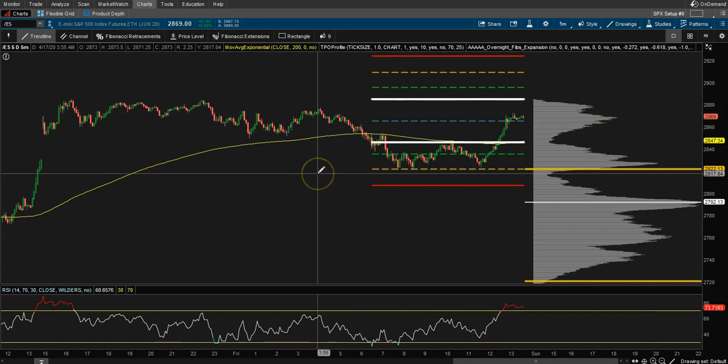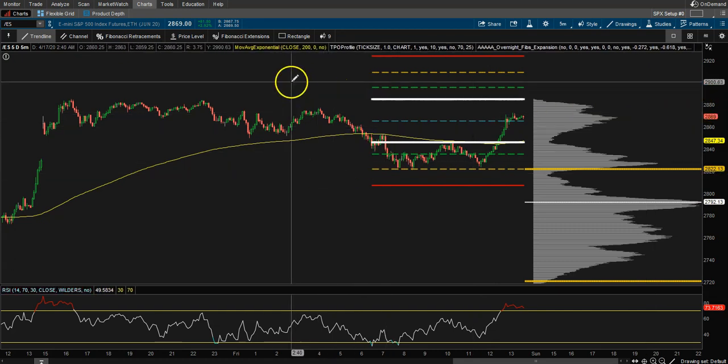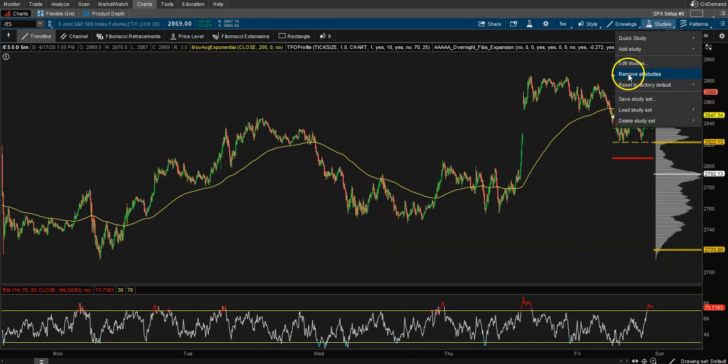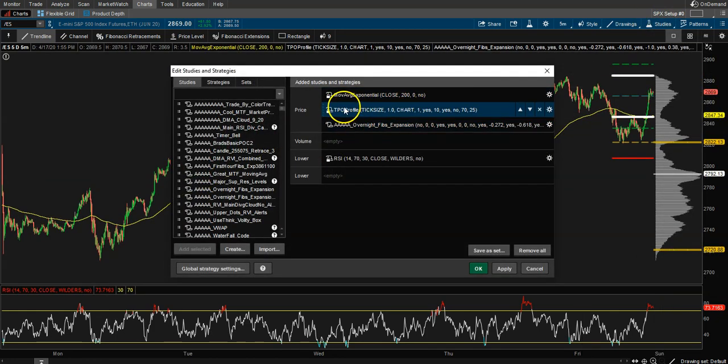As this is also part of the market profile series that I'm doing, here is also a regular TPO market profile over here. So again, moving average, TPO, overnight fibs, and RSI.